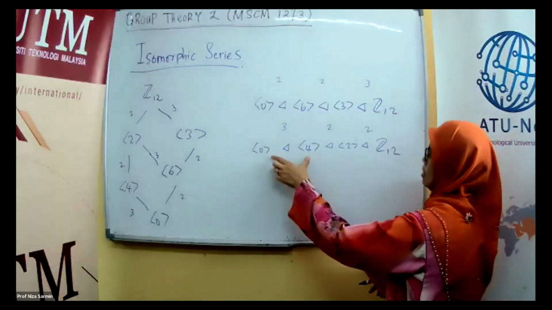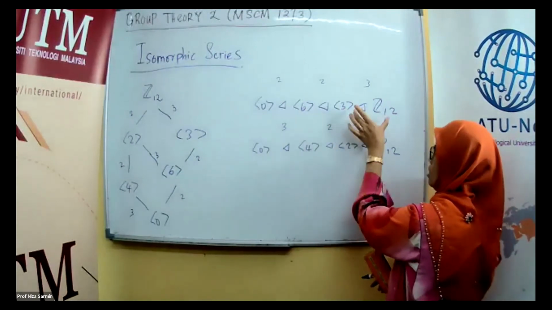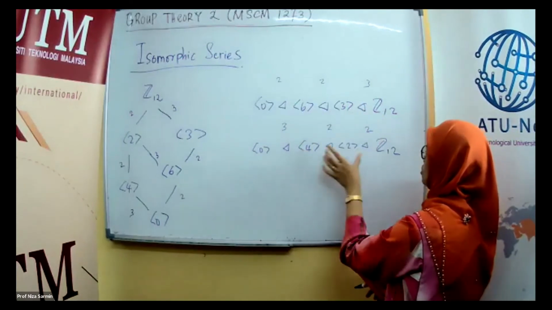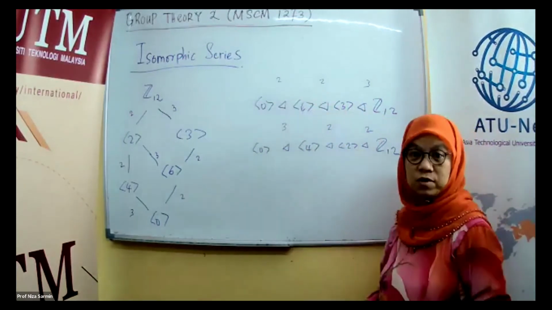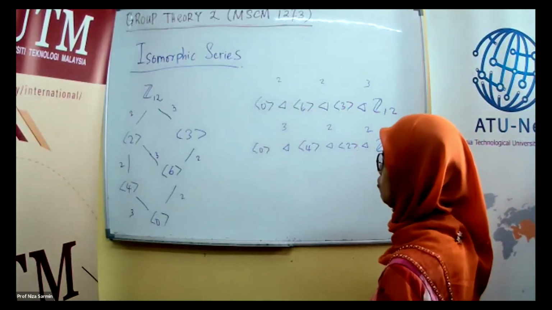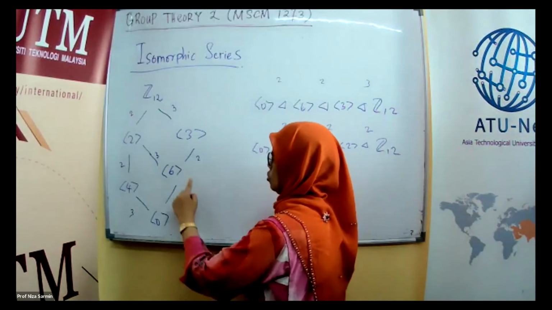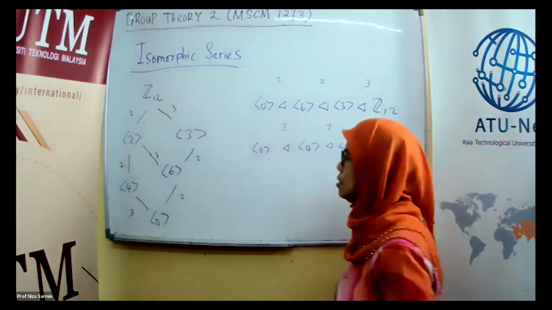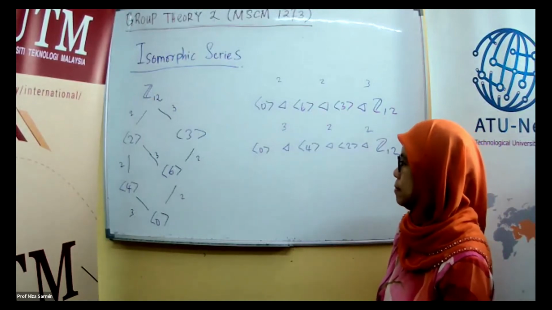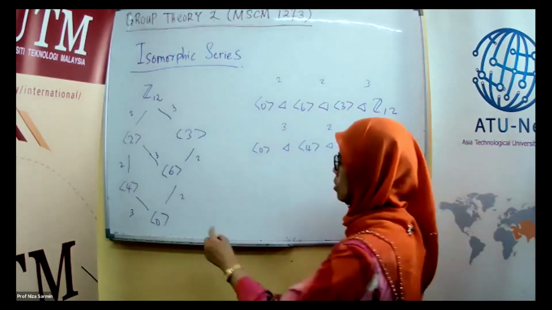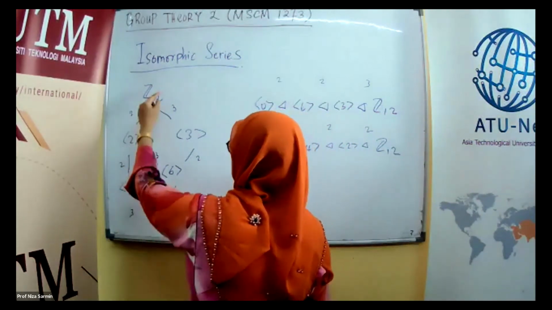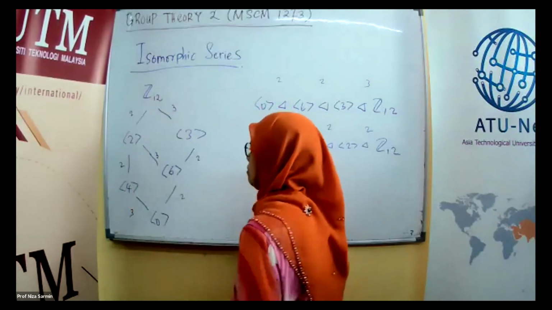So this is isomorphic to this, right? The quotient 3. This or this can do isomorphism also. Okay? So you do this one. If you take 2, 3, 2, still okay. Right? Still okay. As long as, so you have this way, this way, this way.